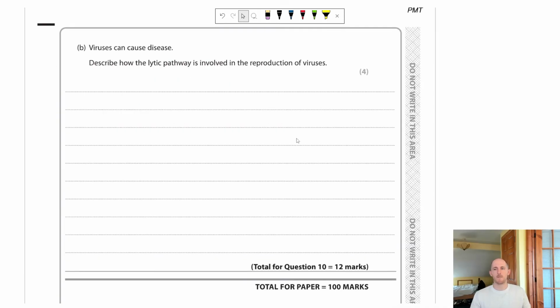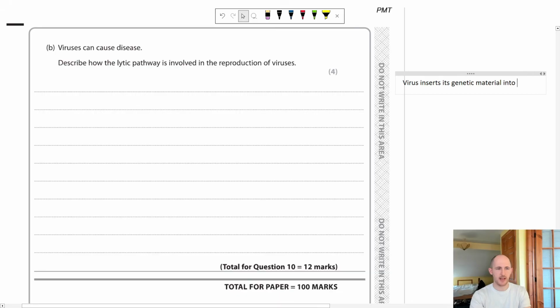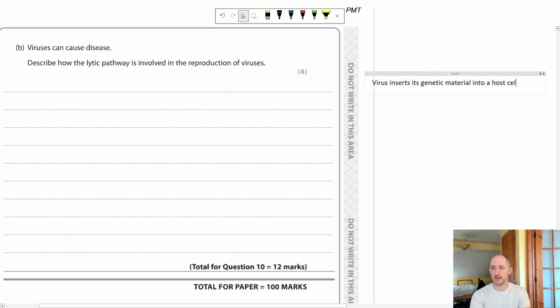Lastly, but not least, viruses can cause disease. Describe how the lytic pathway is involved in the reproduction of viruses. Okay, so what happens? Well, the virus will insert its genetic material into a cell, into a host cell, technically.